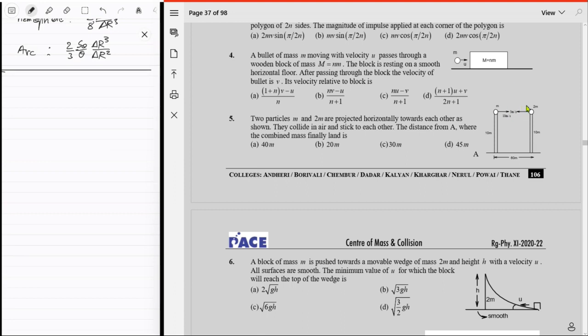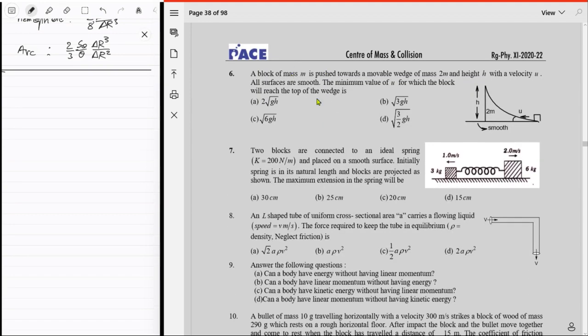It's in a 2:1 ratio, so it's just over there, and this really is 5. Its x velocity just vanishes and it falls straight down. So 60 meters divided by 3 is 20, and you get 2 of these, 40 meters from A. So A is right.